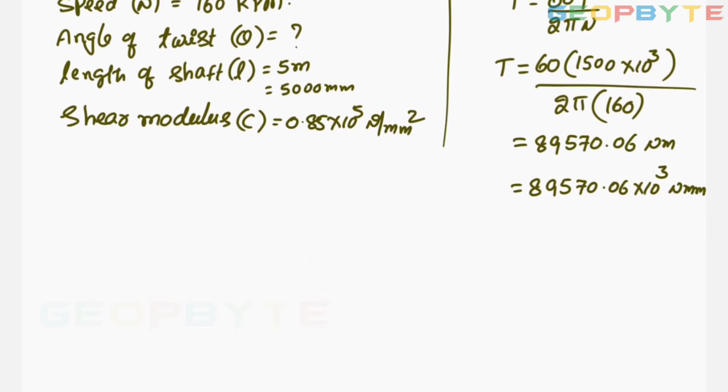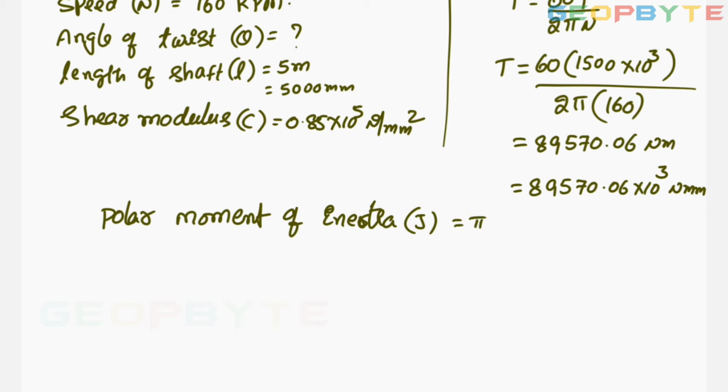Now J, polar moment of inertia. Polar moment of inertia J equal to pi by 32 into capital D power 4 minus small d power 4, because it is a hollow shaft.